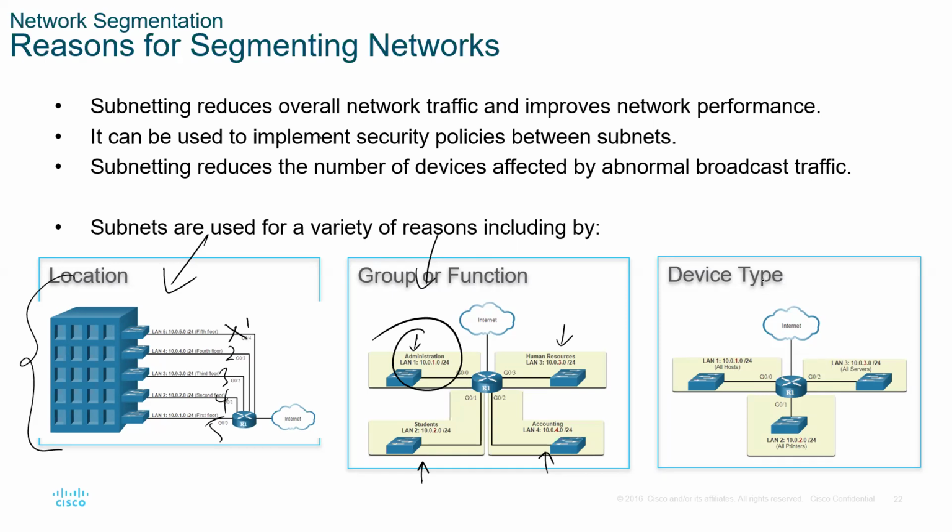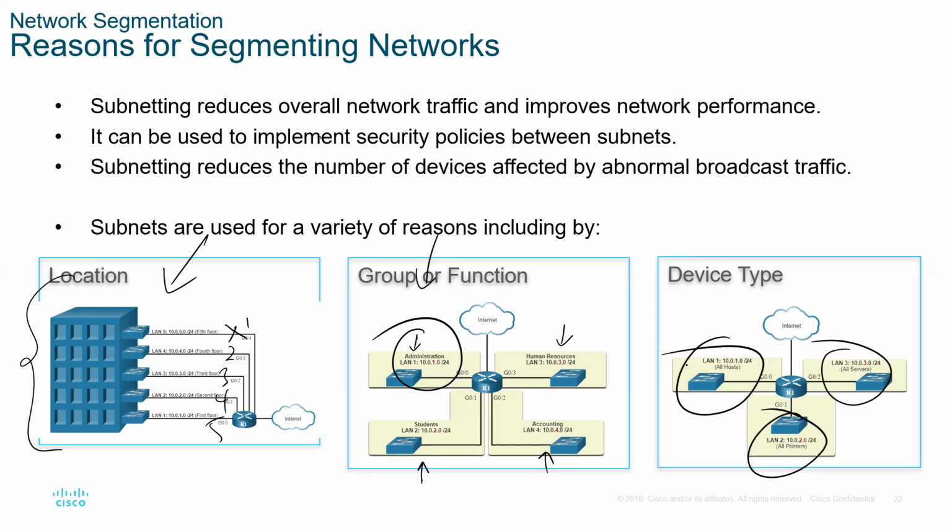We can group by device types. All end devices, your computers, your laptops, your phones, are given their own network. All printers are given their network. All servers are given their networks. So you can see we have different ways we can segment a network.